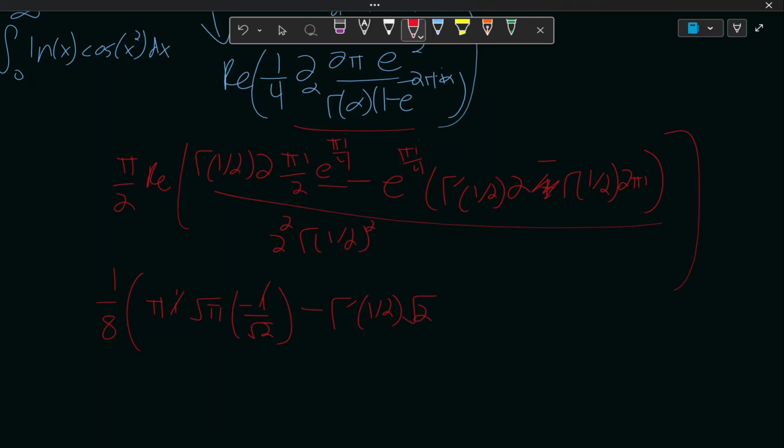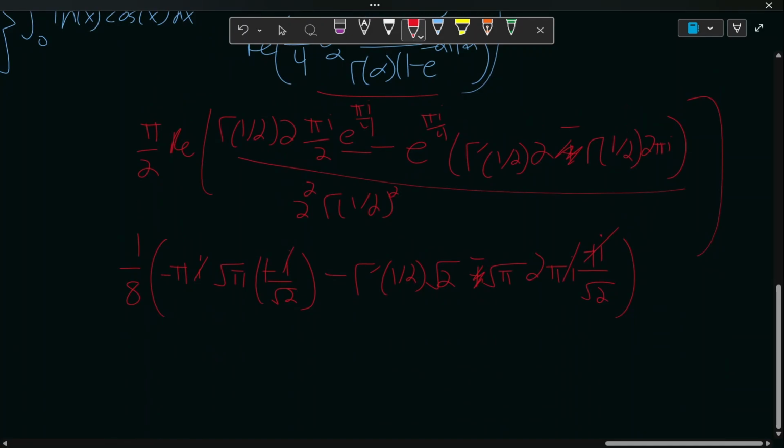And then we're going to have minus, but this minus does become a plus, square root of pi times 2 pi I. And then this term right here, to make it real, it's going to be the same thing, so minus I over the square root of 2. So the i's cancel. And this should also be a plus, actually, because that was originally a minus, and the minus canceled that minus. Okay, now we're good. So that should also be a plus.